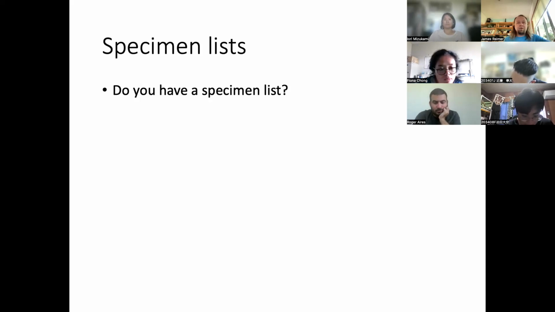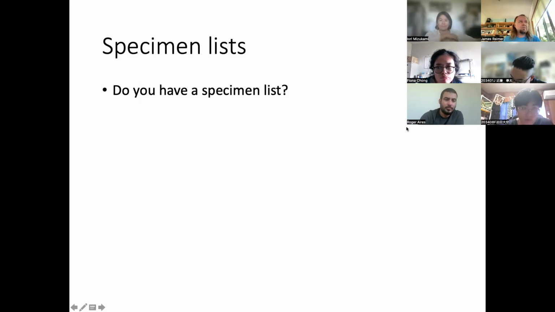Next thing, one more thing regarding this. In your specimen list, what information do you put? You guys can just say it out loud. I'm going to type them in the chat. Date. Date of collection, yeah. Collection site.